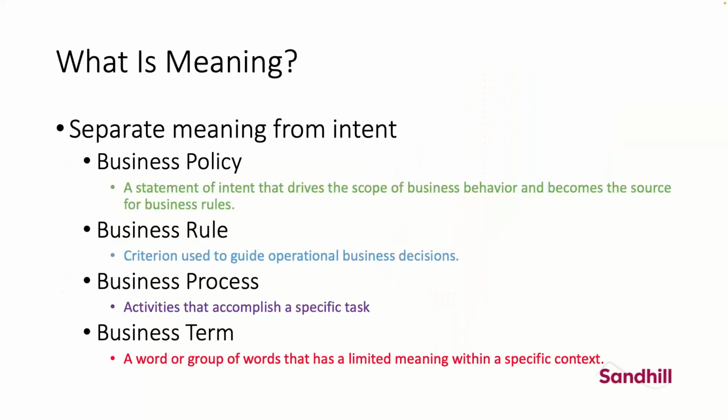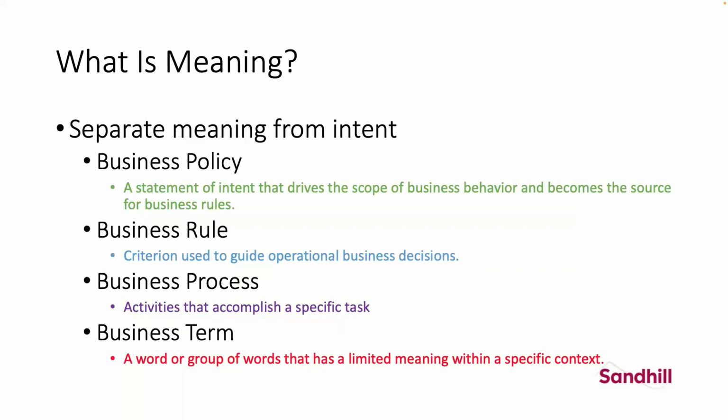So when we start taking a look at meaning, one of the things that I run into is that in the definition of a term, there tends to be the embedding of policy, rules, and process, as well as the term definition, all in the same definition, which from a best practices perspective is not a good idea.